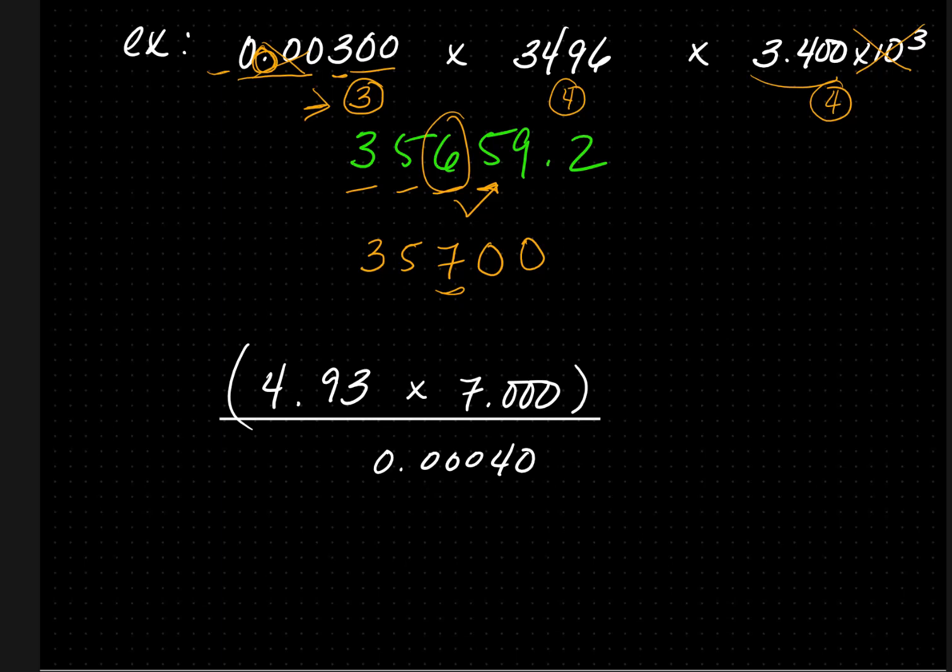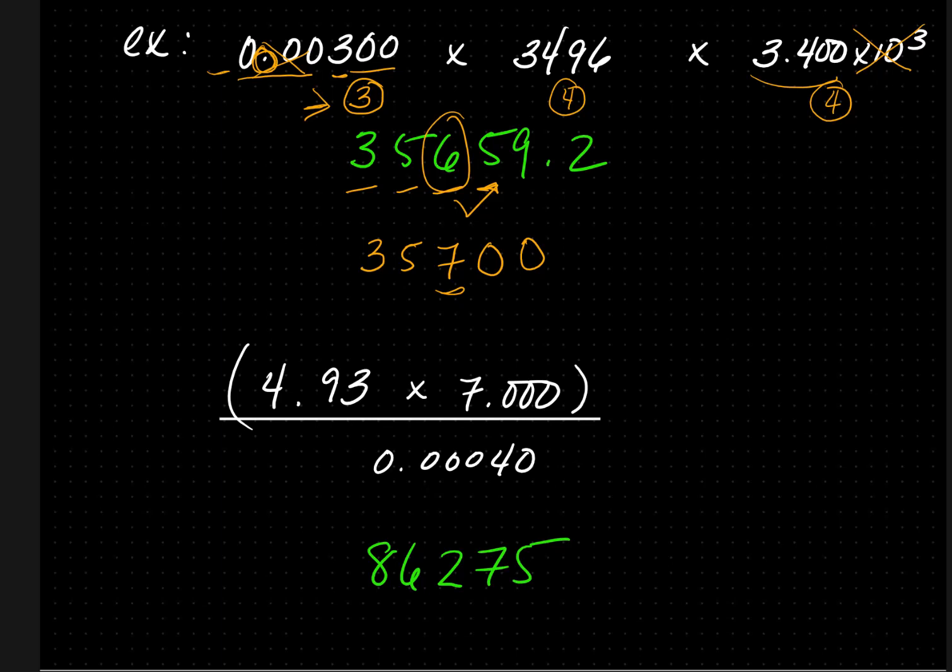First step you're going to do is multiply 4.93 times 7.000, then divide by 0.00040. If you did the math correctly, you should get 86,275.